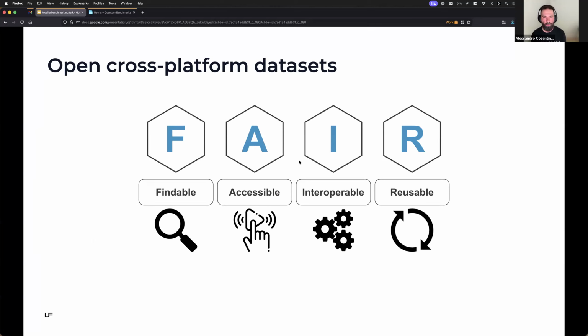They need to have all the metadata that is required, all the, let's say, error uncertainty to make it statistically relevant. They need to be in formats that are really easy to reuse and to, again, operate, if you want to run the benchmark again or run the benchmark against some other machine.